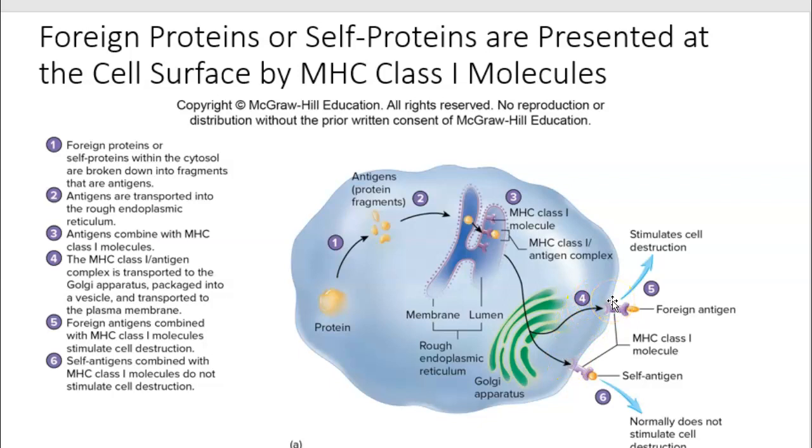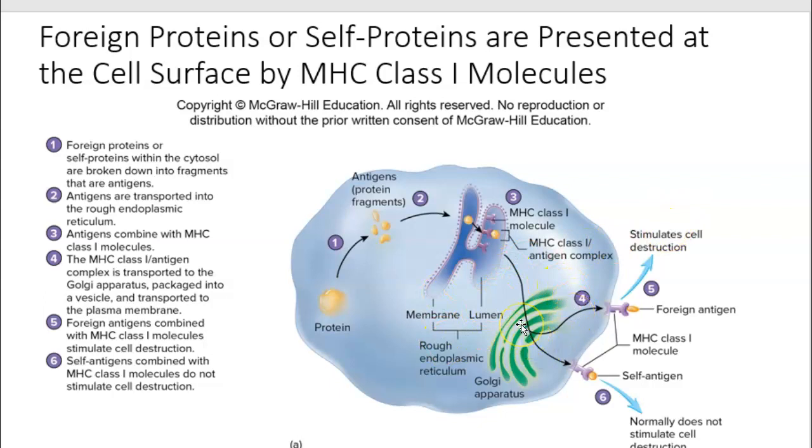In the case that the protein is a foreign antigen, let's say this cell was infected by a virus, then this combination of a self-MHC class 1 molecule but a foreign antigen means to the immune system that this is an infected cell and we need to destroy this cell.